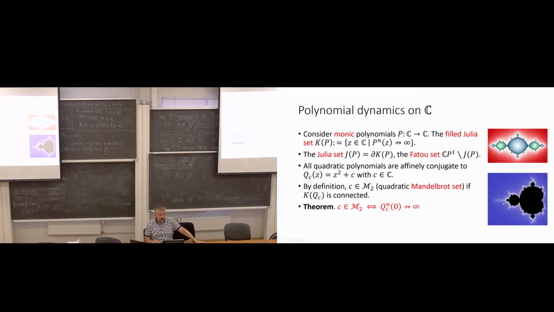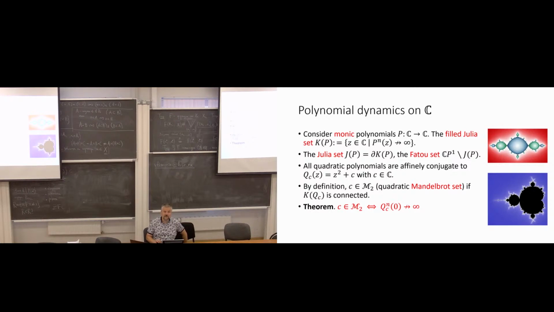One of the famous sets in complex dynamics is the so-called Mandelbrot set. It consists of all parameter values c such that the corresponding filled Julia set is connected. Here I need to pause and let you digest this, because one important thing is that points of the Mandelbrot set are parameter values.